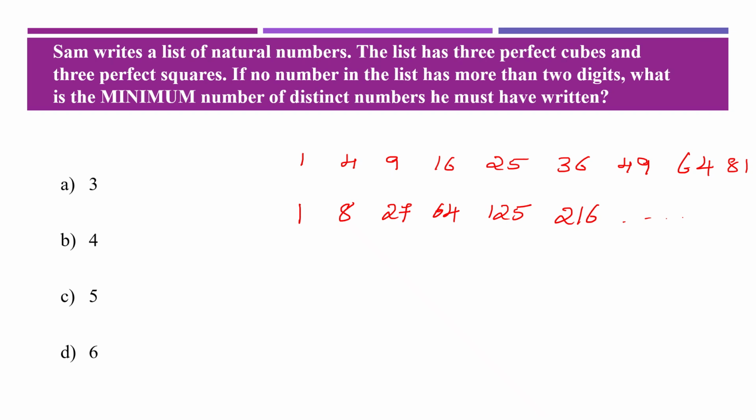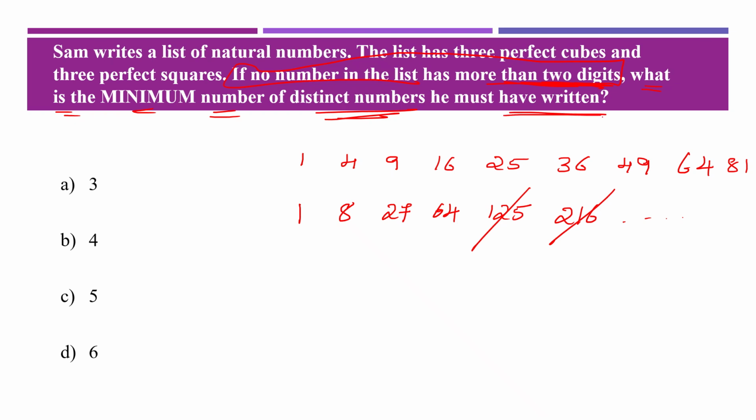If no number in the list has more than 2 digits, then I don't think we can note down 125 and 216, as those numbers have 3 digits. What is the minimum number of distinct numbers he must have written?